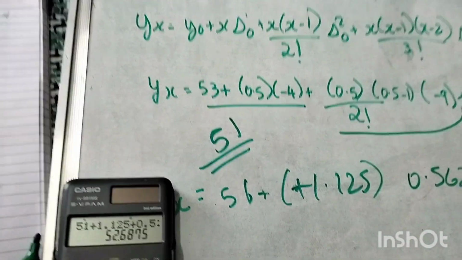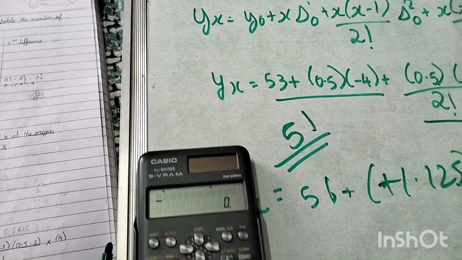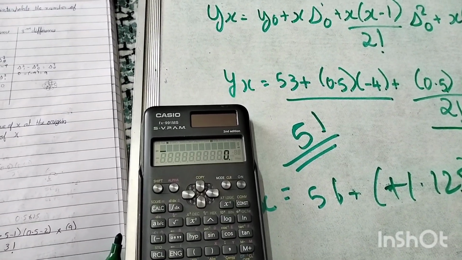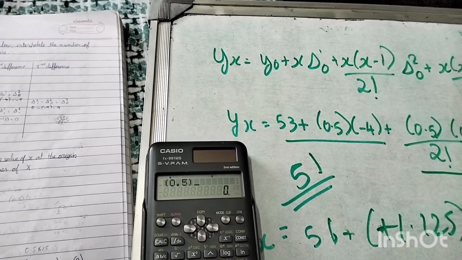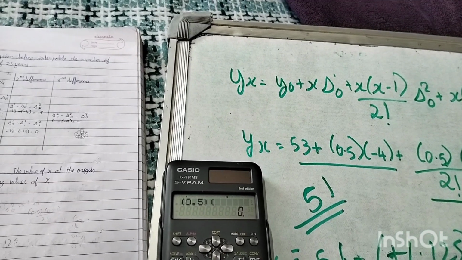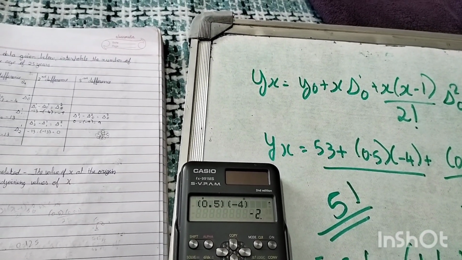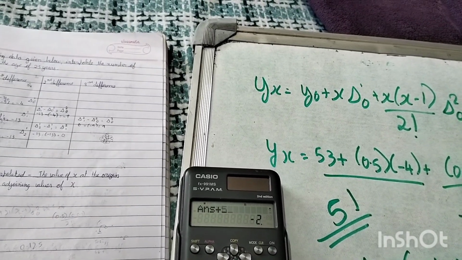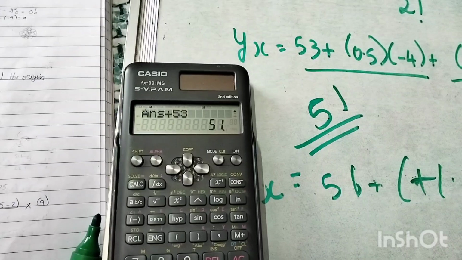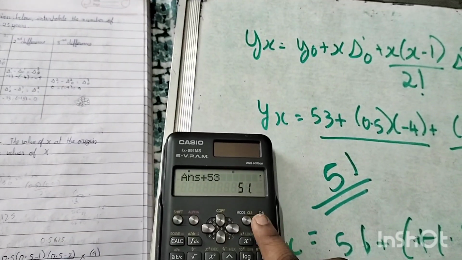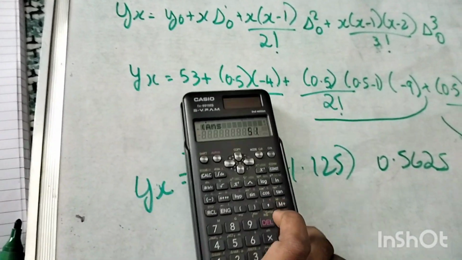I hope you can see. 0.5 close bracket, open the bracket, -4, and then equals, you get -2, plus 53, you get 51. So you write that down. I've written 51 down, and then you open the bracket for the second lot.